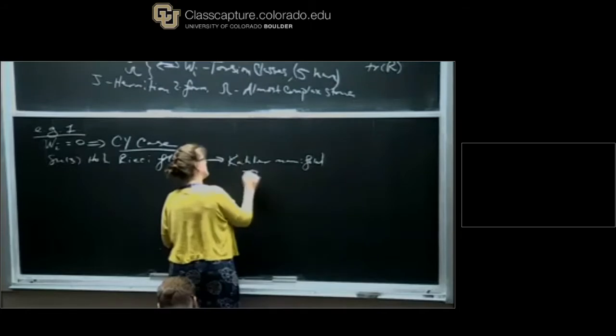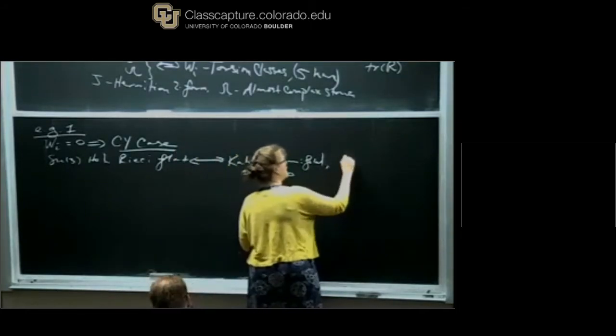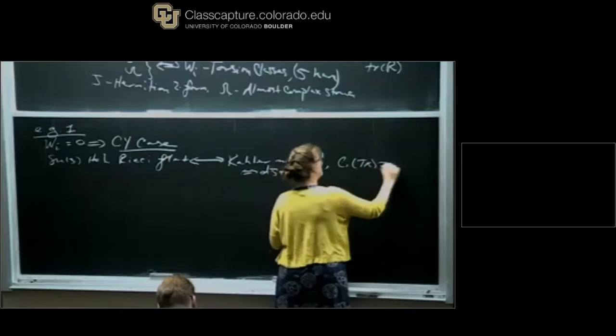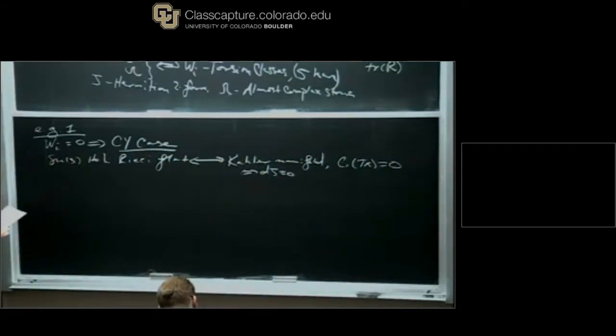Quick hint, this corresponds to dJ being 0, and one that has C1 of Tx is 0. OK, so that was the easy case.